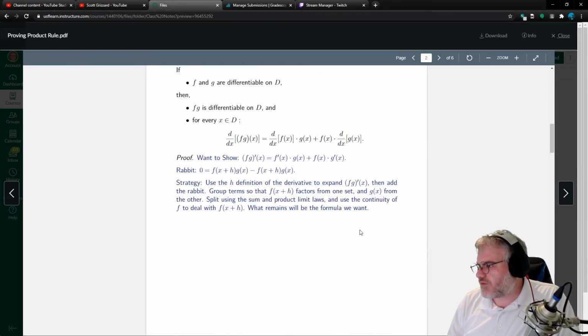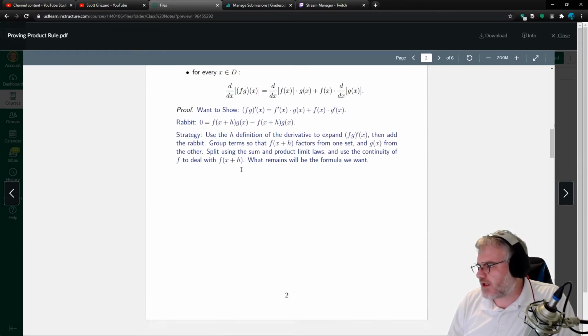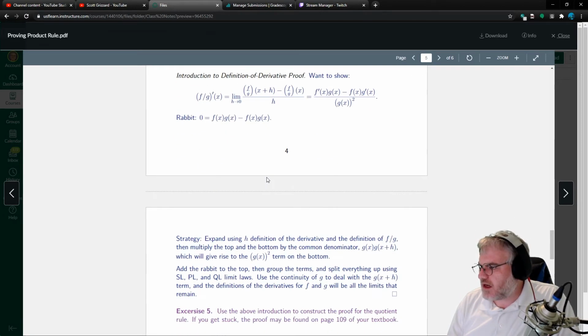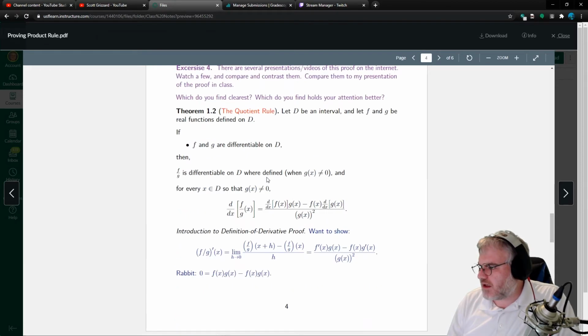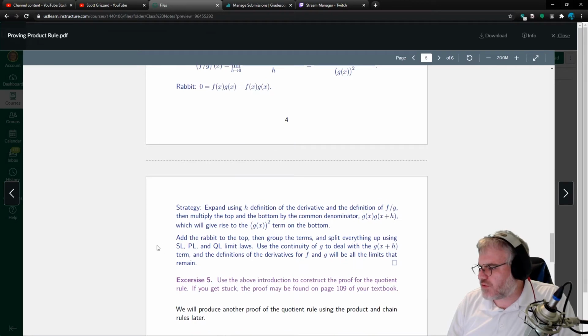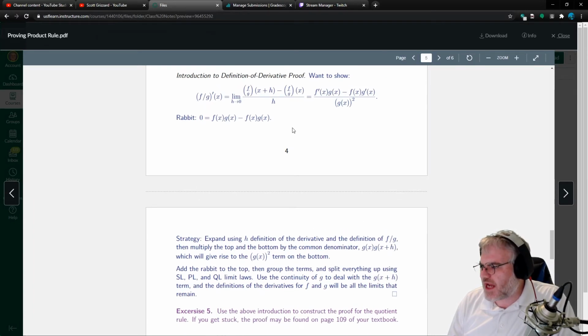You've got a whole bunch of notes. There's the definitions you want. There's the proof for the product rule with the rabbit highlighted. And here's the strategy, and you were supposed to use this strategy to create it. And if you have trouble, that proof is actually in the book. And I've already pointed out where it is. Any other questions about that?